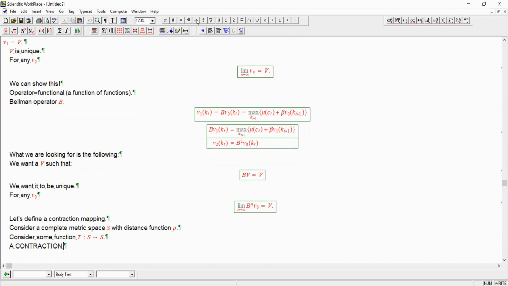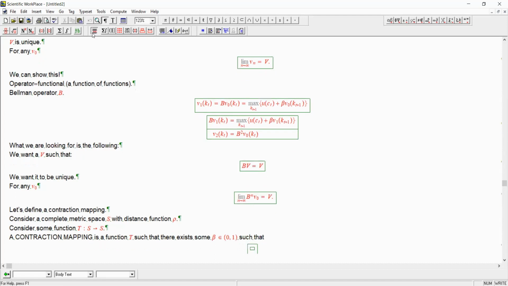A contraction mapping is a function, mapping and function is the same thing, T such that there exists some number beta strictly between 0 and 1 such that, consider the distance between any two elements of S, let's call them X and Y. When you apply the contraction mapping to both these points, you would get Tx and Ty.